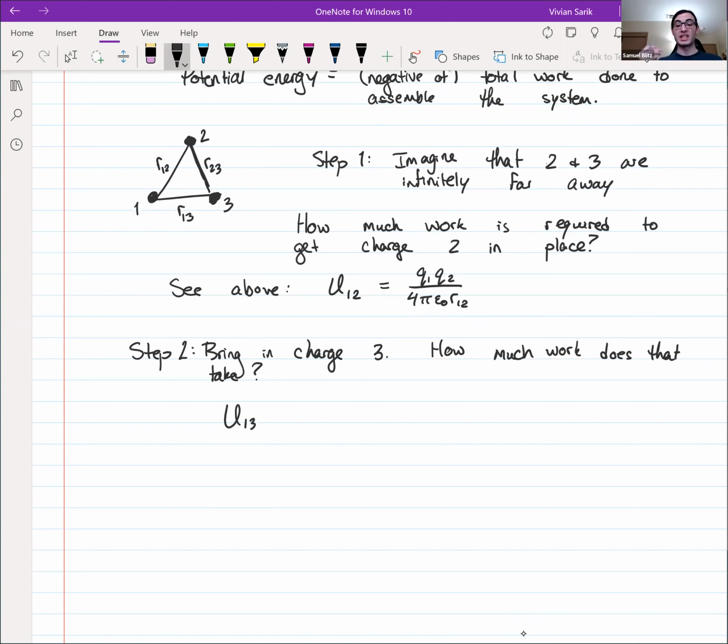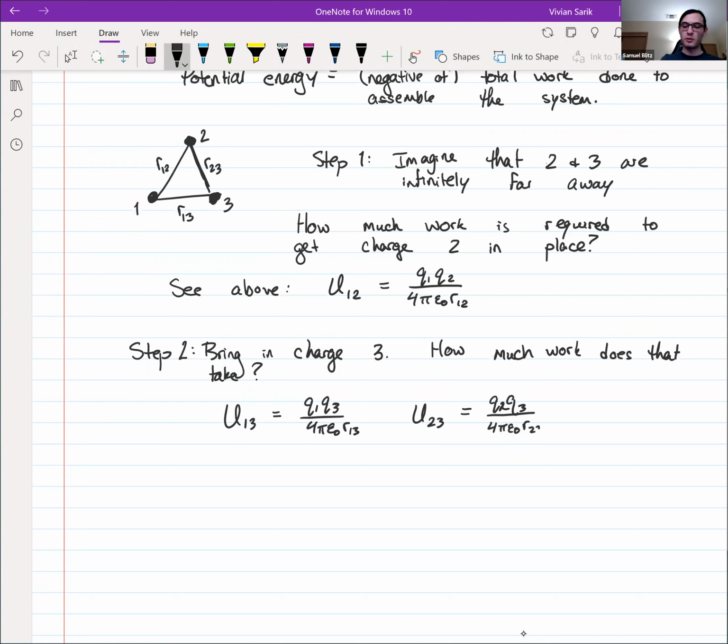The amount of work to get charge 3 in place if only charge 1 was there would be Q1 Q3 divided by 4 pi epsilon naught R13. And the amount of work to get charge 3 in place if only charge 2 were there is Q2 Q3 over 4 pi epsilon naught R23.